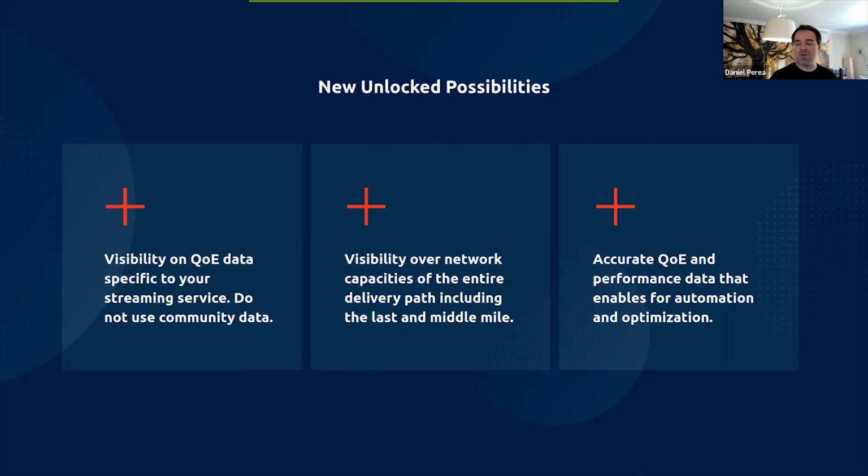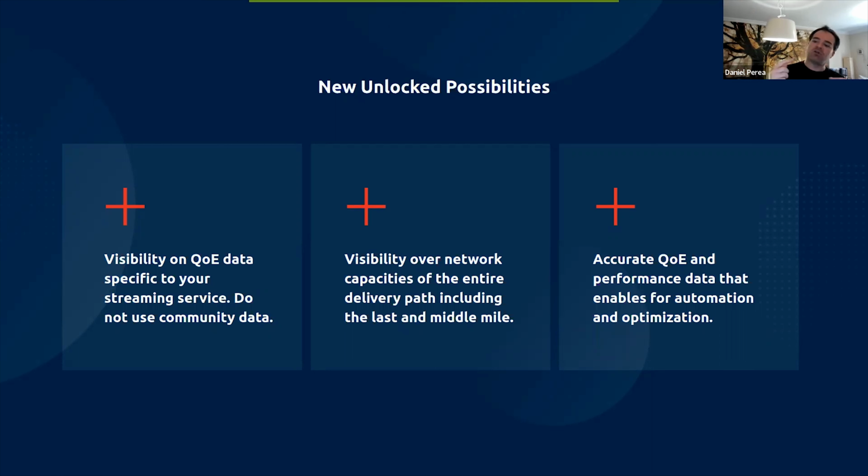And with a tree of end user devices, you are able to discover and leverage it. And at the end of the day, the accurate quality of experience and performance data enables you to do this kind of automation. If you have the right information where you know that a quality of experience issue is caused by something that is in the vicinity of the end user device and not something far away, you know that there is a potential solution here, changing the connection at that point.